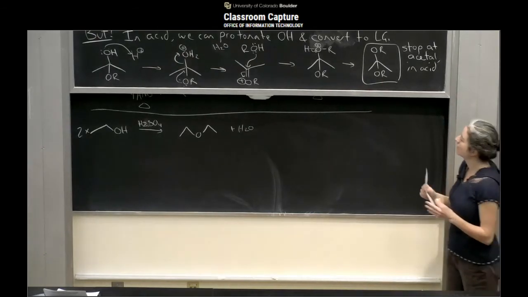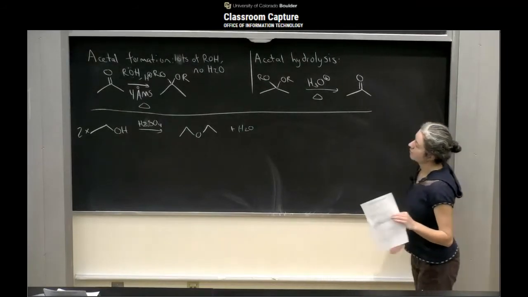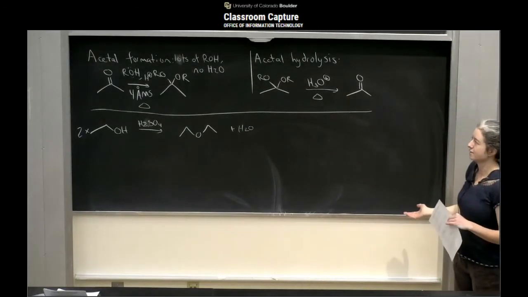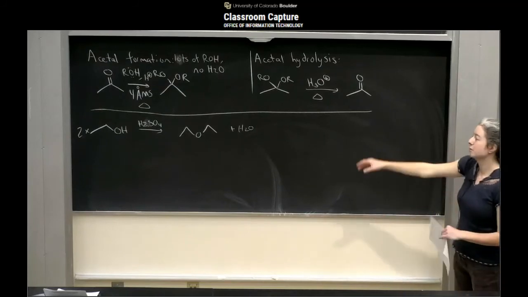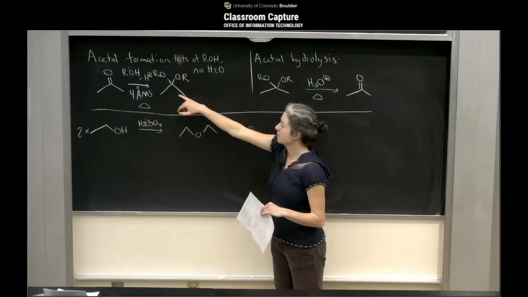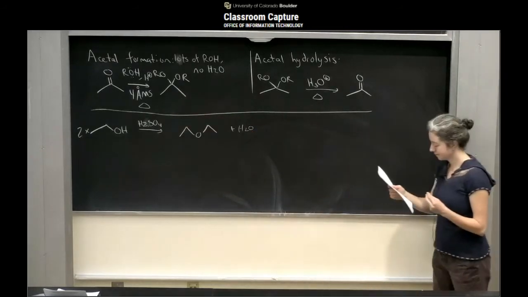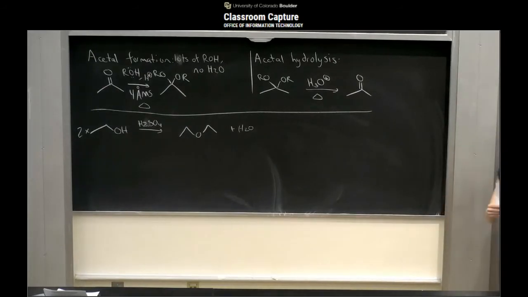Yeah, and that's the case for a lot of equilibrium reactions. That's why I say we need to get Le Chatelier on our side, and that's just by pulling the equilibrium towards one side or the other, by either having as much as possible of something like the ROH or as little as possible of something like water. Yeah, good question. Thanks.